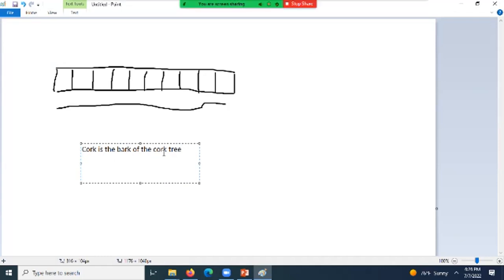The cork tree has bark on it, which we peel off to get cork, and we use that cork to cork a bottle. And those are three different ways that the word cork can be used. Any question about any of that?